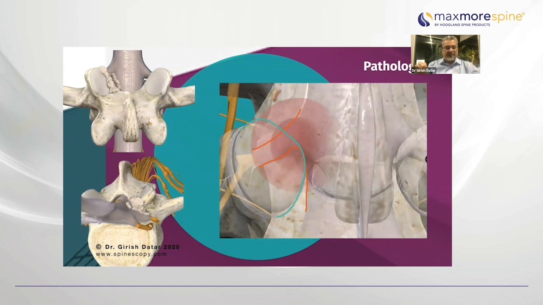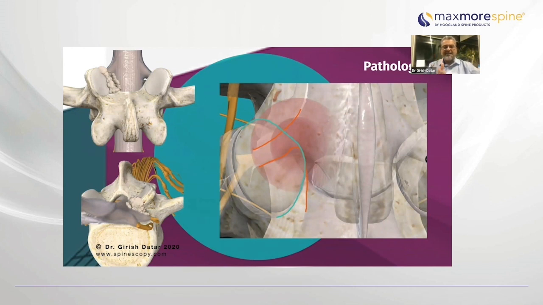So the pathophysiological process of stenosis is primarily in the plane of the facet, and the disc contributes to it. Whereas it is not a complete pathophysiological process of the disc, it is the facet joint. So if we have to image stenosis, we should image stenosis in the plane of the facet and not in the plane of the disc, which we do for most of the disc herniations.